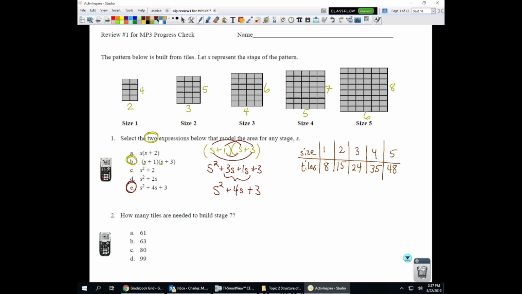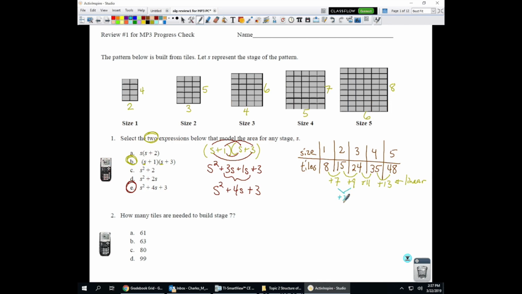Now I would have to analyze that pattern to see whether it's linear, quadratic, exponential, or none of those. This goes up from 8 to 15, goes up 7, then 9, then 11, and 13. So I noticed that that is a linear pattern, or if that doesn't set off any alarms to you, I can look at second difference.